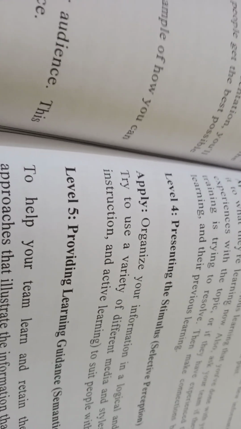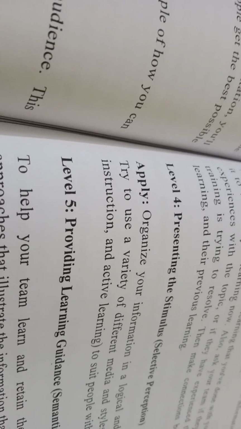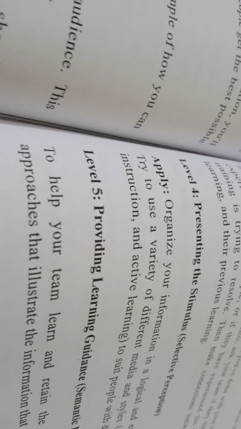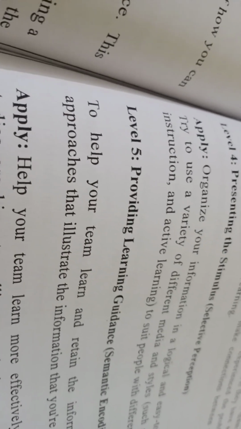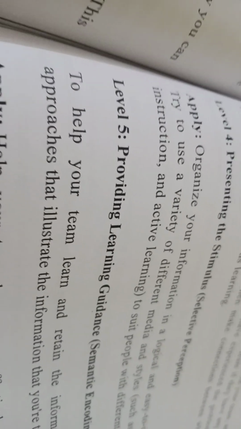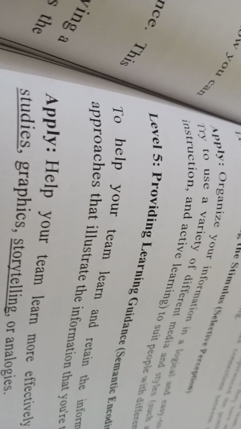Level 5, providing learning guidance, or semantic encoding, to help your team learn and retain the information. Provide alternative approaches that illustrate the information that you are trying to convey. Apply: help your team learn more effectively by including examples, case studies, graphics, storytelling, or analogies.